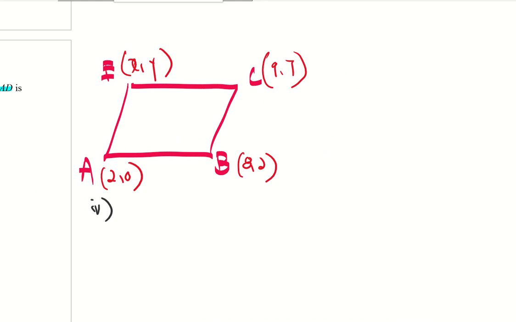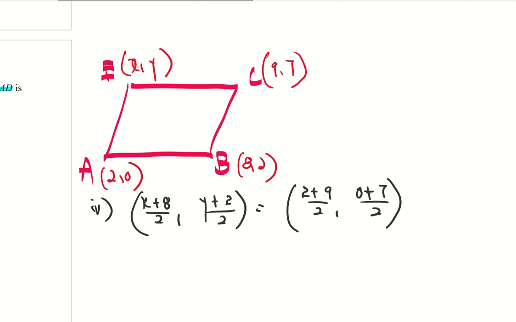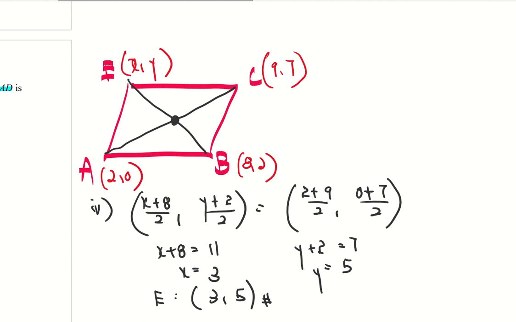Then using the midpoint theorem, the midpoint of the diagonal BE will be equal to the midpoint of the diagonal AC. Now, let me just go about solving x and y, and I will successfully find the coordinates of the unknown point E for it to be a parallelogram.